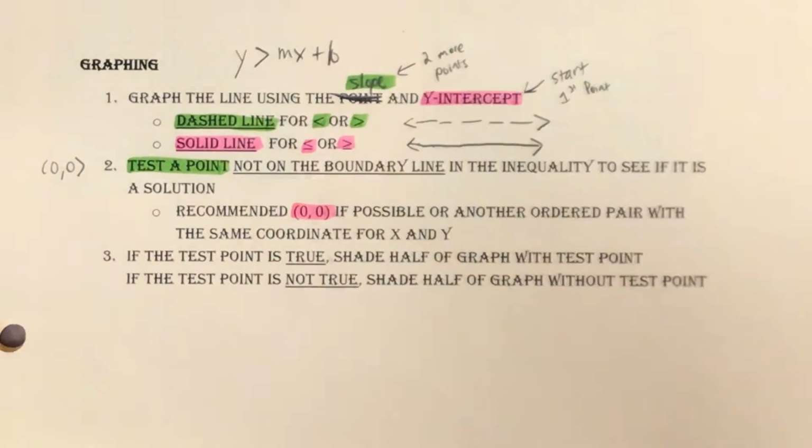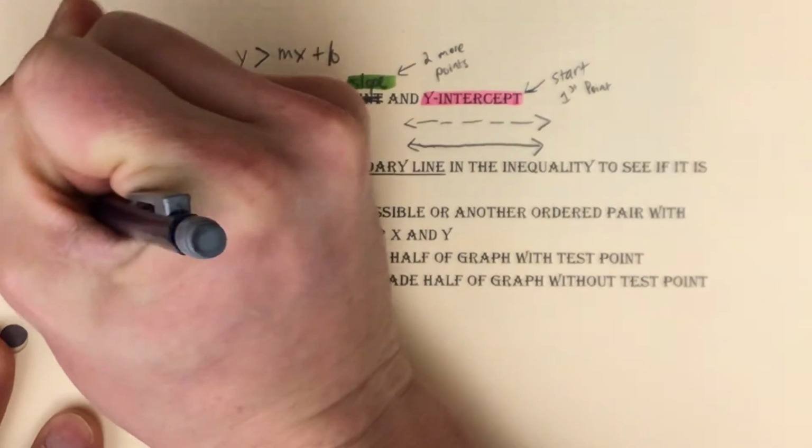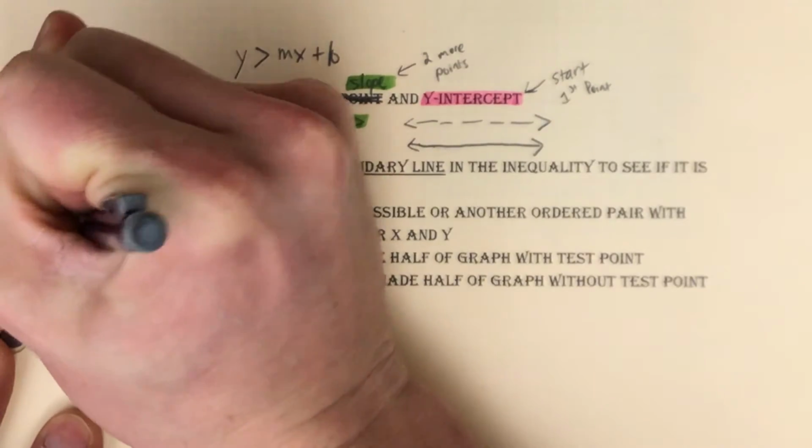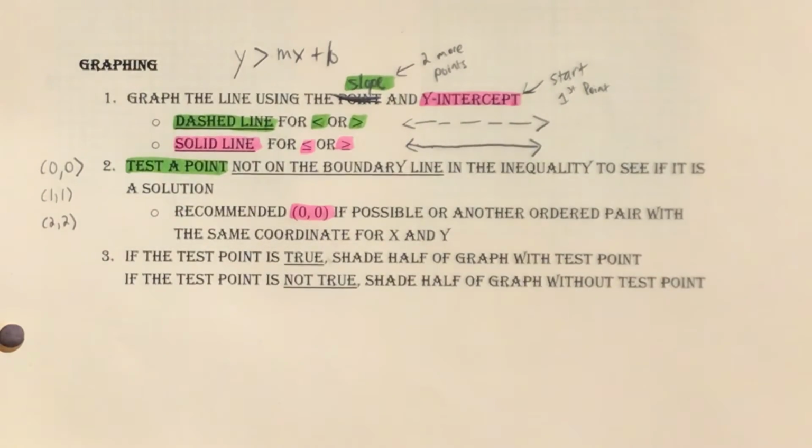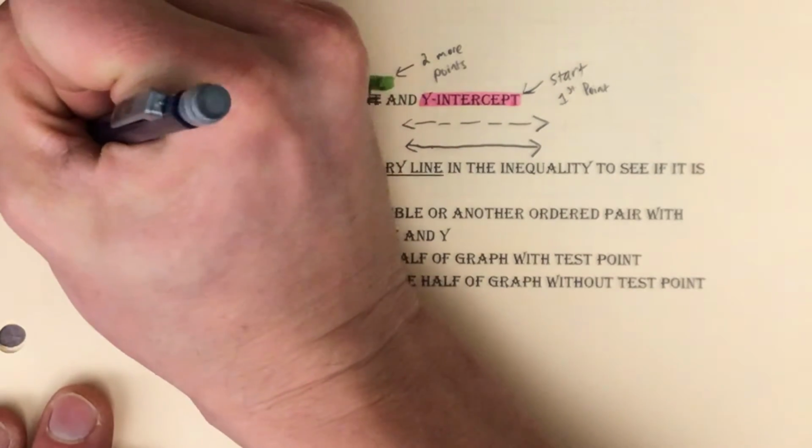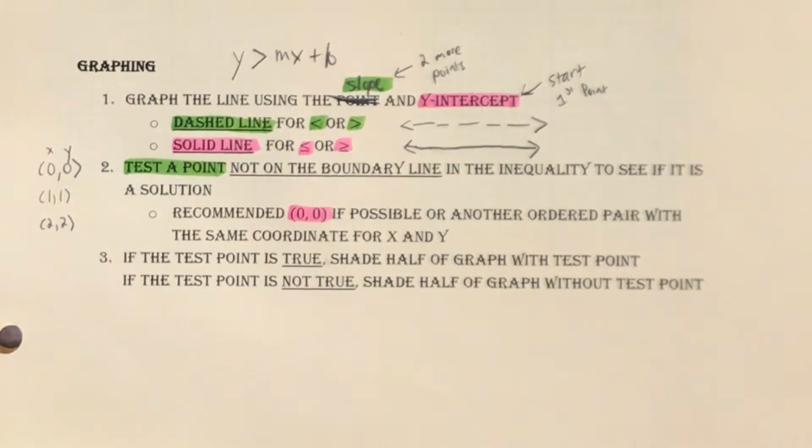If you can't do 0, 0, I would encourage using another one with a double number, so things like 1, 1 or 2, 2. The reason for this is we have to remember that we're plugging in an x and a y coordinate, and we're going to put those in for x and y. So if the number is the same for x and for y, there's no chance that you plug the wrong number in.